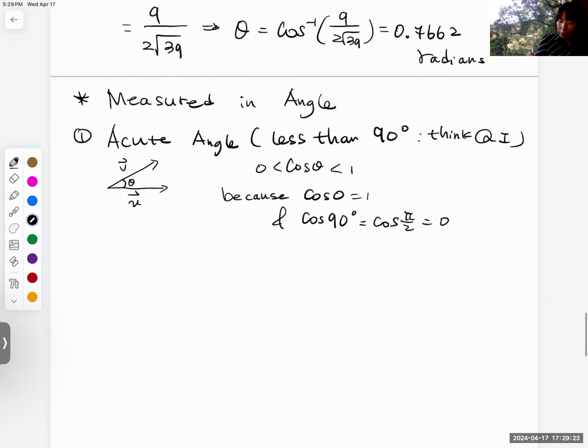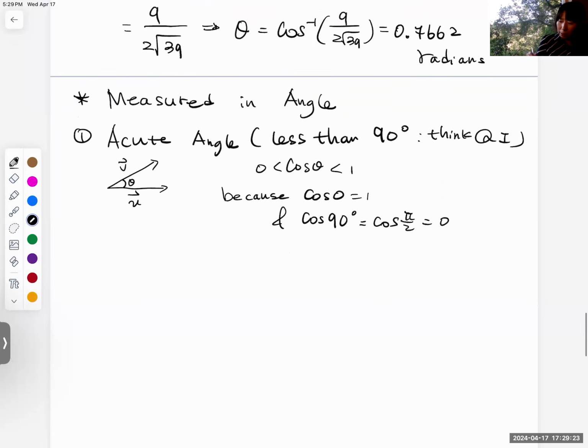Okay, now we have an obtuse angle. This means the angle is between 90 degrees and 180 degrees. So we might think of quadrant 2, right? So the angle looks like that, vector V and vector U, with angle theta here.